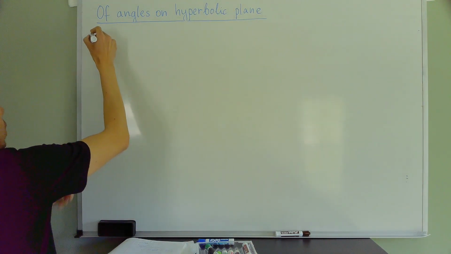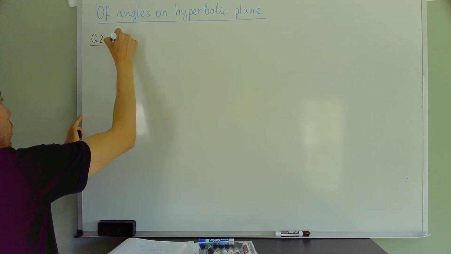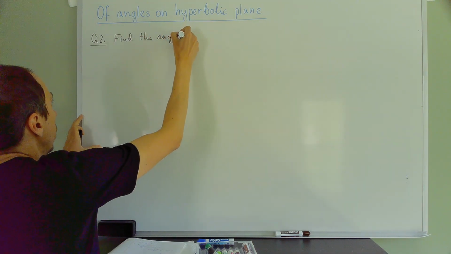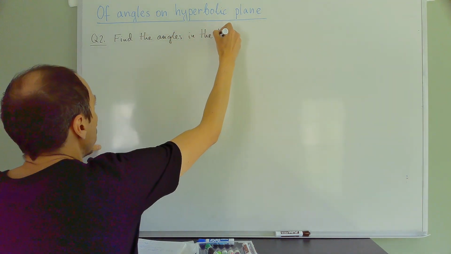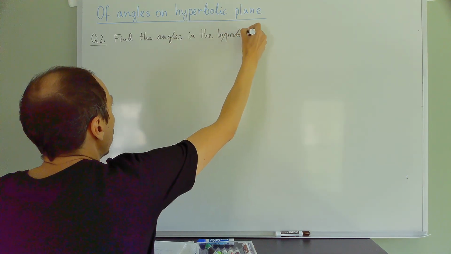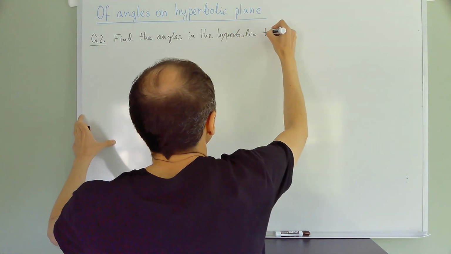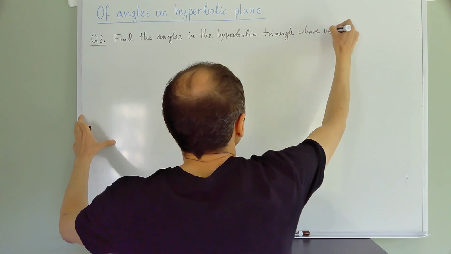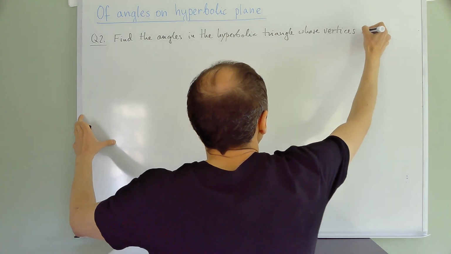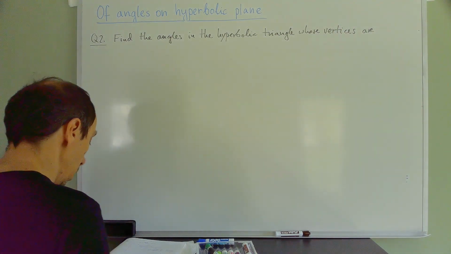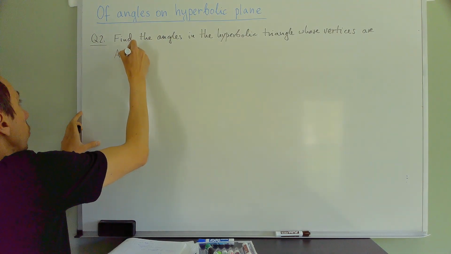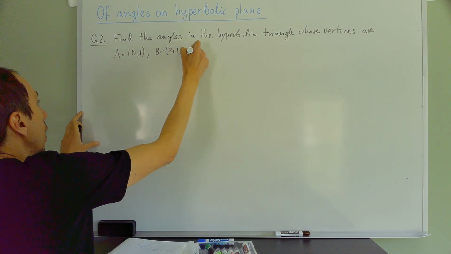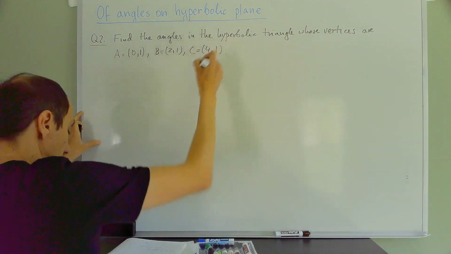So question 2: find the angles in the hyperbolic triangle whose vertices are A equals (0, 1), B equals (2, 1), and C equals (4, 1).